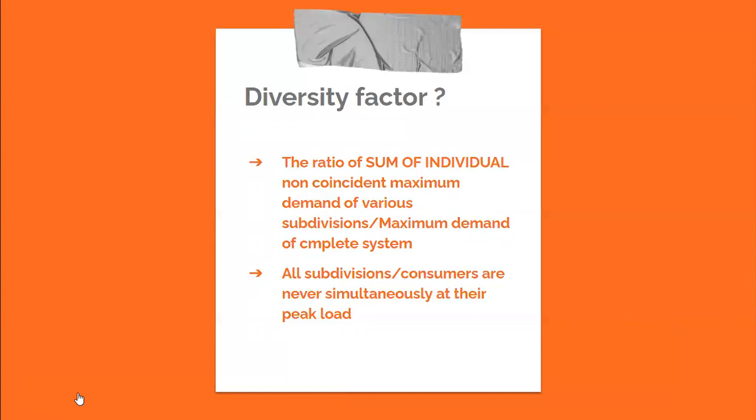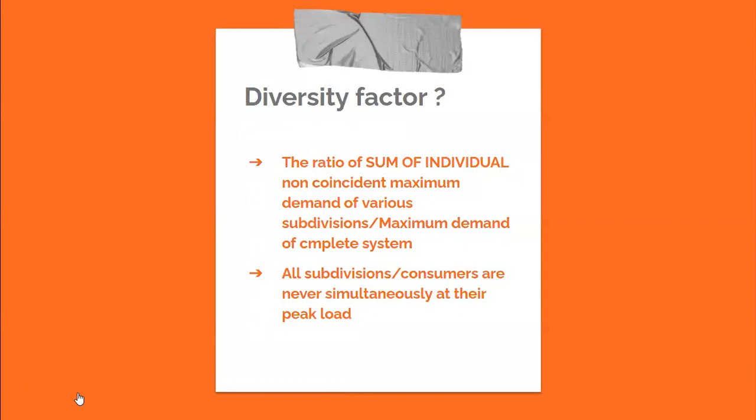For example, if you are talking about a set of four demands, demand 1 plus demand 2 plus demand 3 plus demand 4, those are to be added, and that sum is in the numerator. We are talking about non-coincident demand here. And then the total maximum demand would come in the denominator.